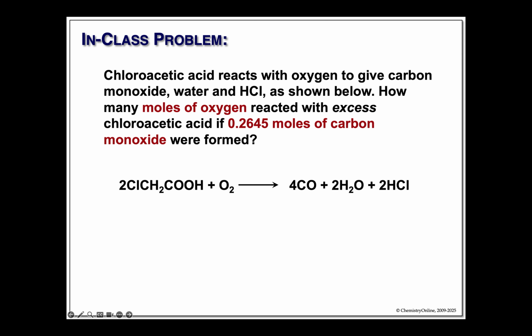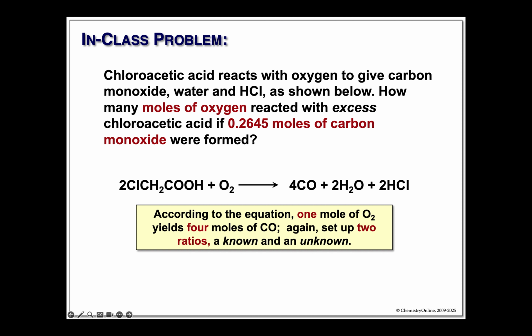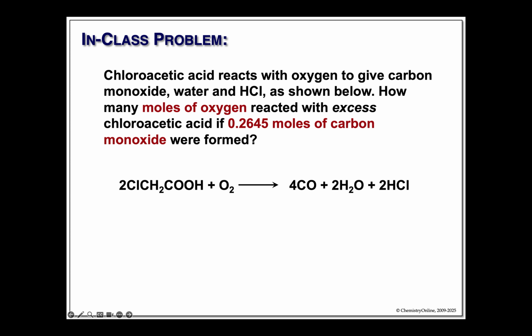We want to know how many moles of oxygen are needed to give 0.2645 moles of CO. All right, CO is going to be our given. So that's going to be in our denominator. 1 mole of oxygen, 4 moles of CO. Our known ratio looks like that.